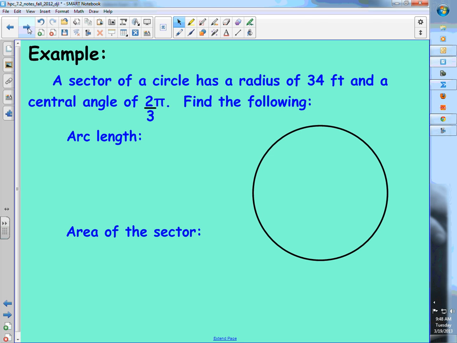So again, drawing a picture can help. 2/3 pi, where's that arc going to end? Where do I stop the arc?